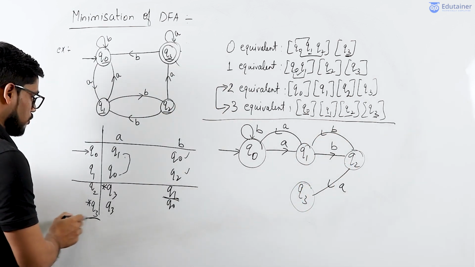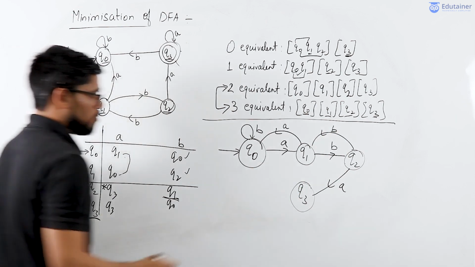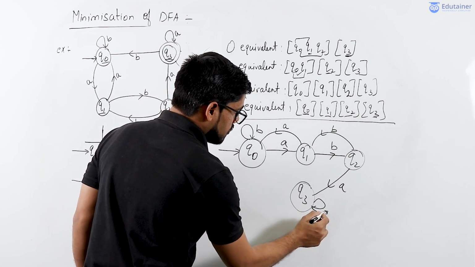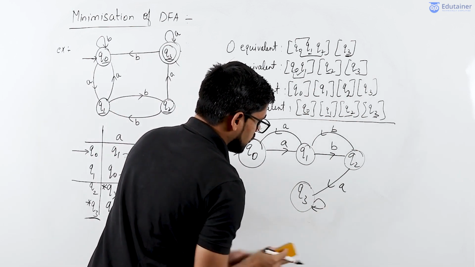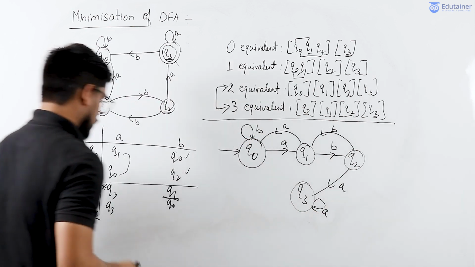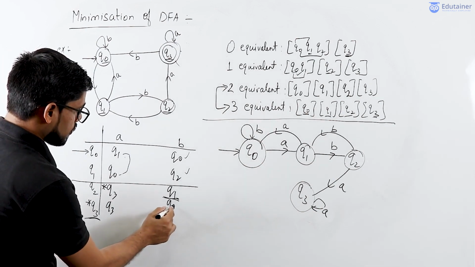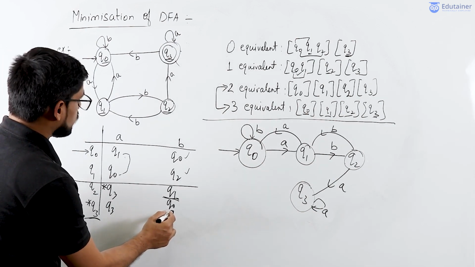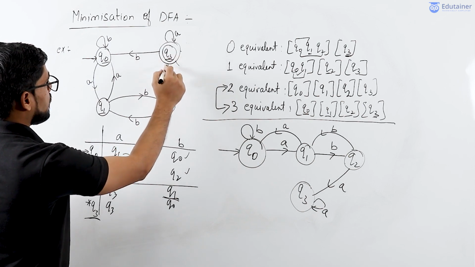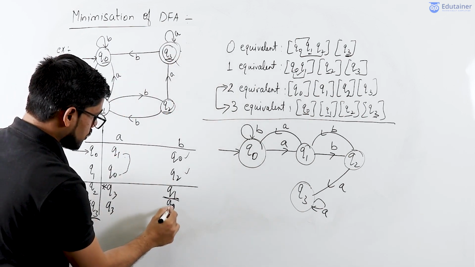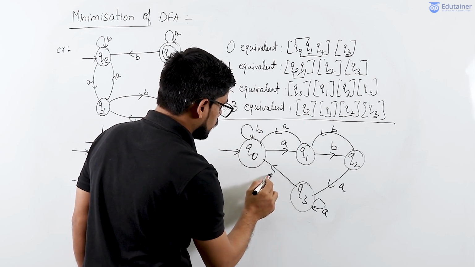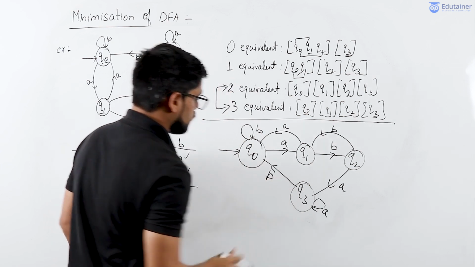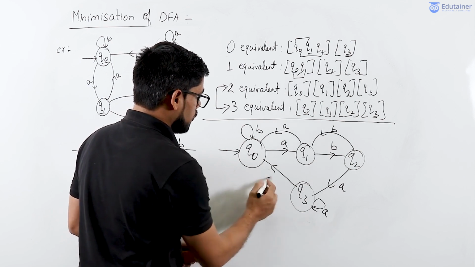And the final state Q3 on small a will go to Q3 itself, and on small b it will go to Q0 state.